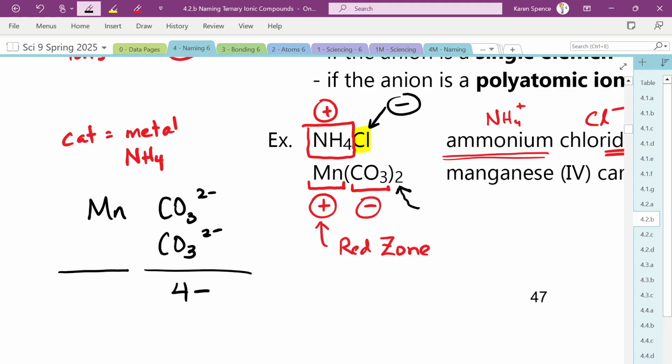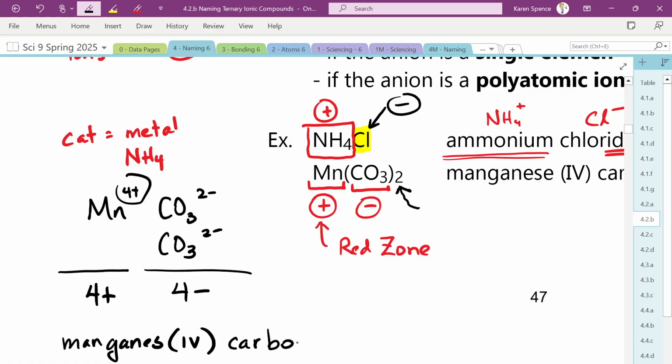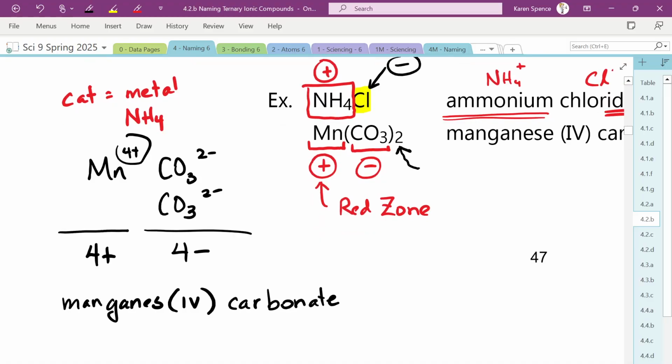How much positive do we have to have? 4 positive. And there's only one spot for it. We don't have to split it up. So that's going to be 4 plus. So this is going to be manganese 4, and then CO3 2 minus carbonate. We don't change polyatomic ions to ide.